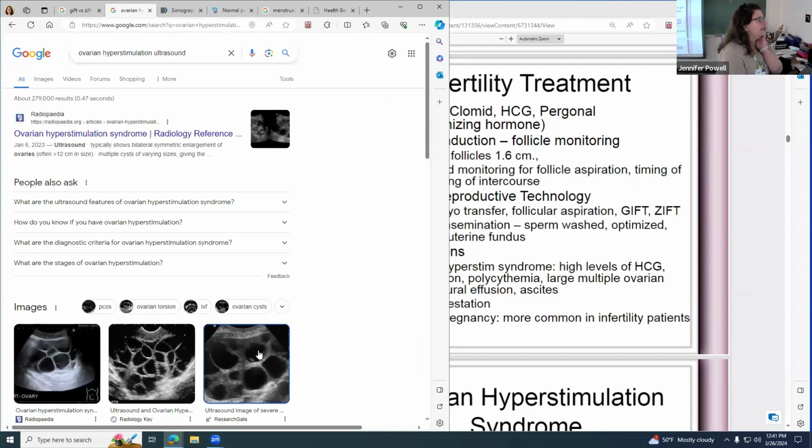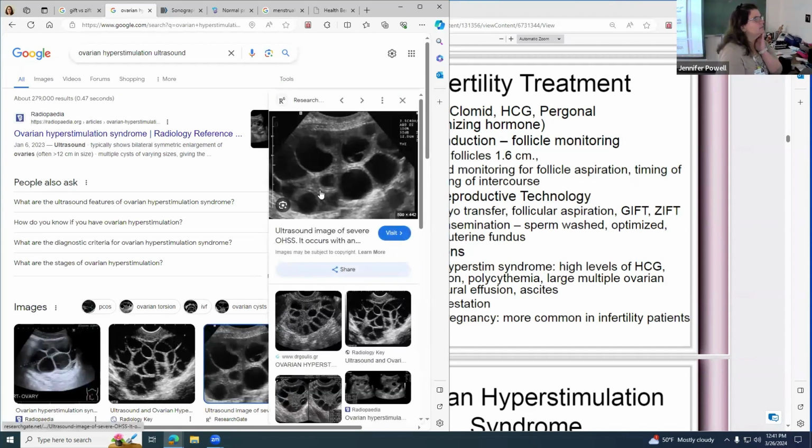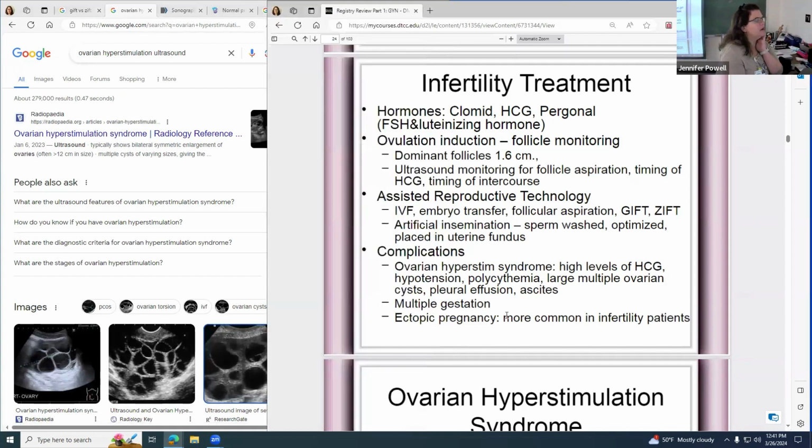It looks like that. It's crazy looking. Looks like a polycystic kidney or something. But it can cause a lot of complications. You could also have multiple gestations. More common to have an ectopic pregnancy. Fertility patients are at higher risk for ectopic.